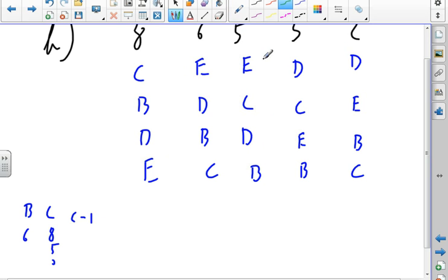And then I'm going to look at B versus D. 8 votes there, 6 votes there, 5 votes there. D gets 1 vote. And then B versus E. 8, 6, 5, 5. E gets 1 vote.